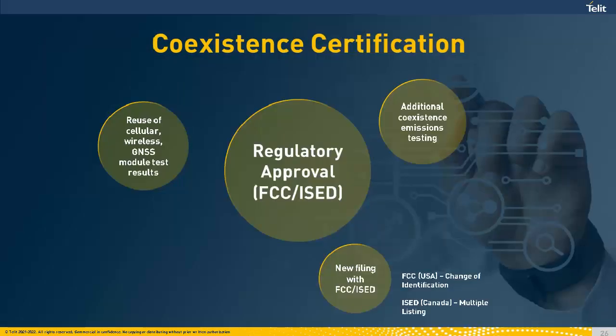Finally, I will spend a few words on the coexistence and certification issues you may face. In particular, for speeding up the certification phase, it is recommended to start with a module design, since that will help in reusing your cellular, wireless, or GNSS reports and results for speeding up the certification of your final application.